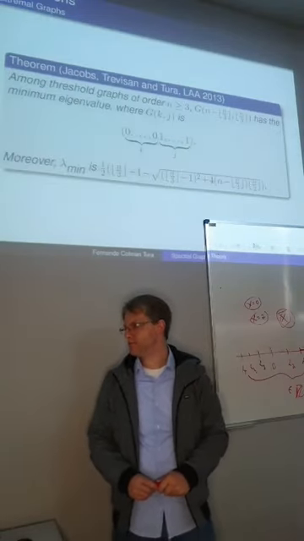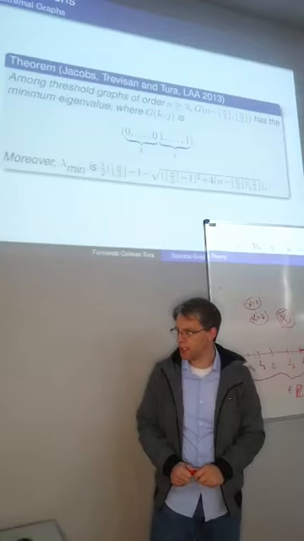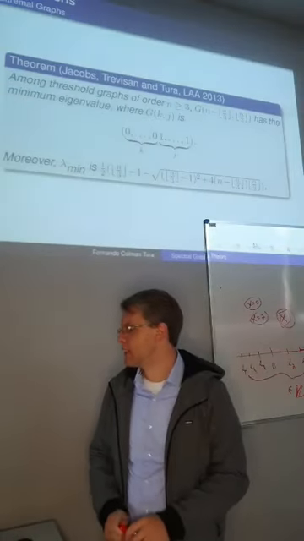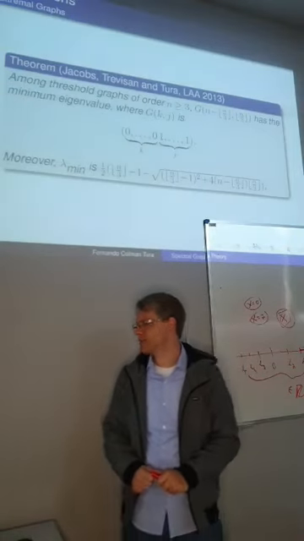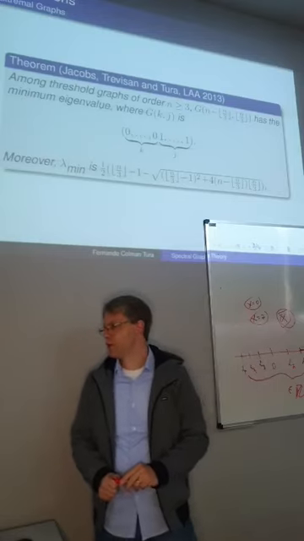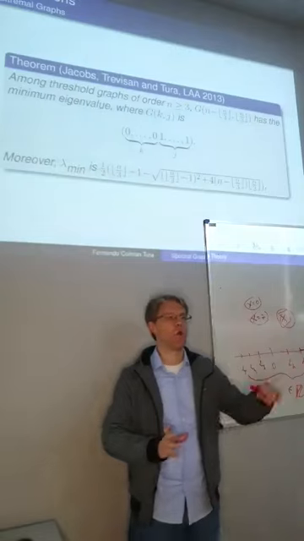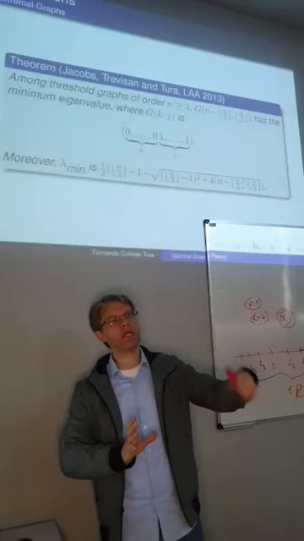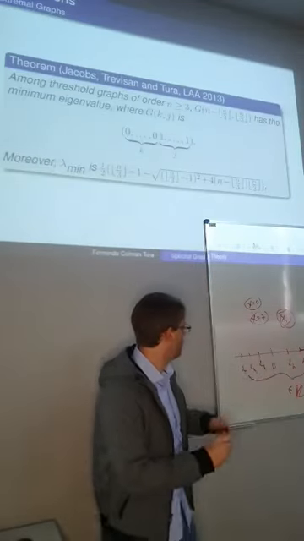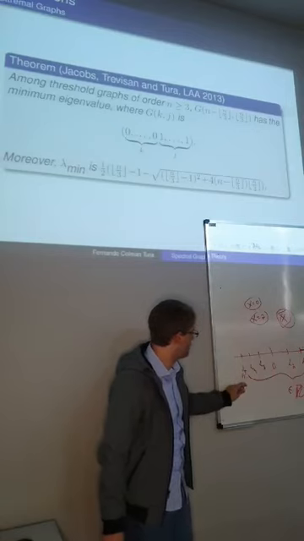Another application, Jacobs, Trevisan, and me, Linear Algebra and its Applications 2013. We find, among all threshold graphs, which graph has the minimal eigenvalue. Looking now for this value here.